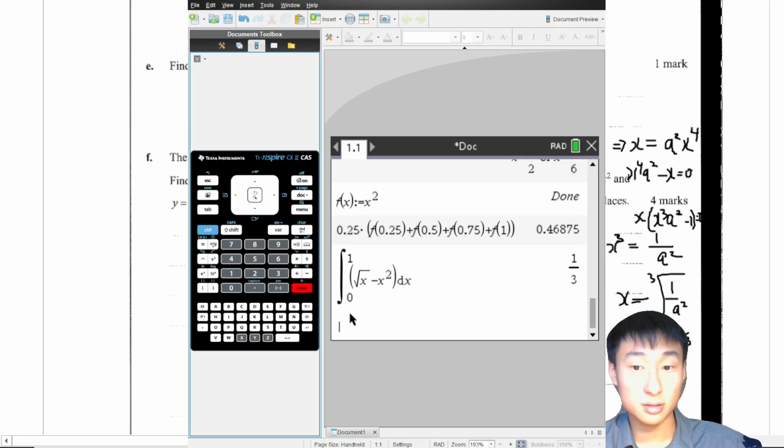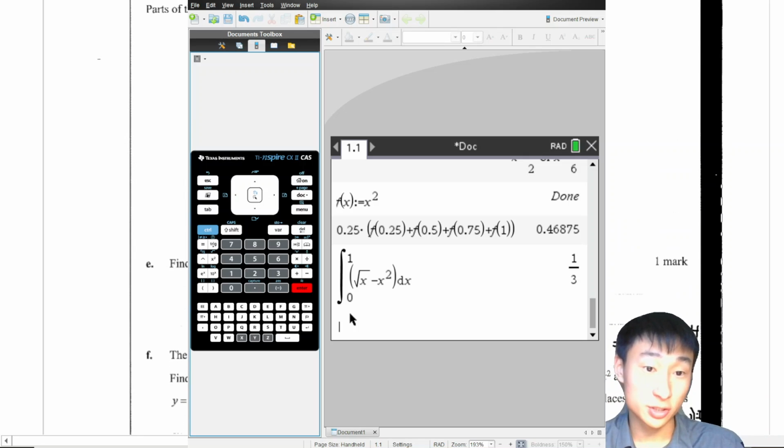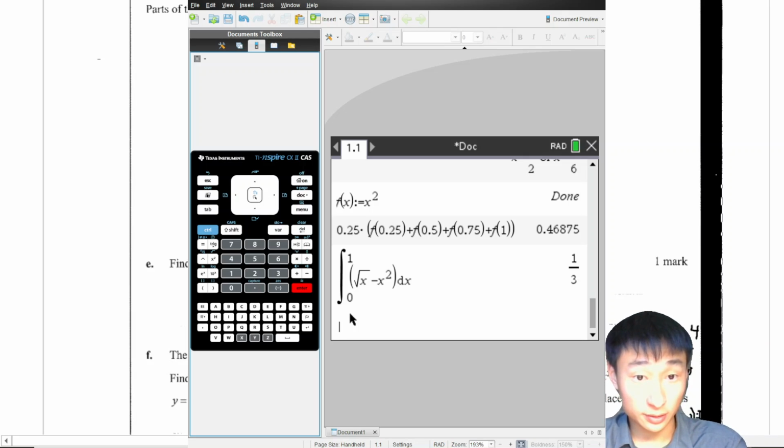Okay, so defined by the regions, so there could be multiple regions. Ax squared, it could potentially be something like this.